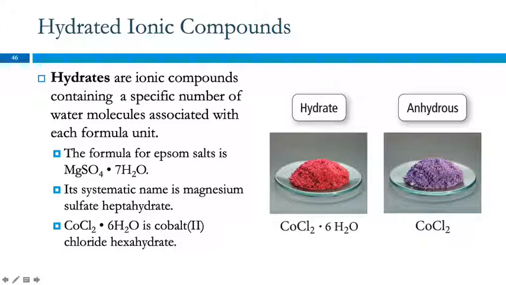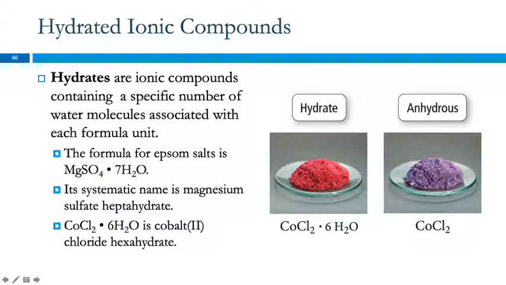So in naming these, we name the ionic compound exactly the same way, and then we use a numerical prefix to indicate how many water molecules there are. Epsom salt is a hydrate that you might be familiar with. People use that to soak sore feet, etc. That's magnesium sulfate heptahydrate. In the formula, there's a dot in the middle.